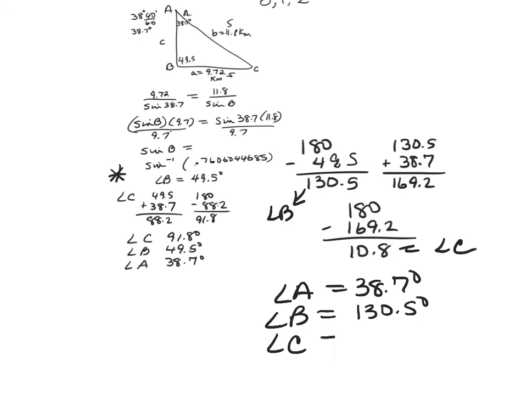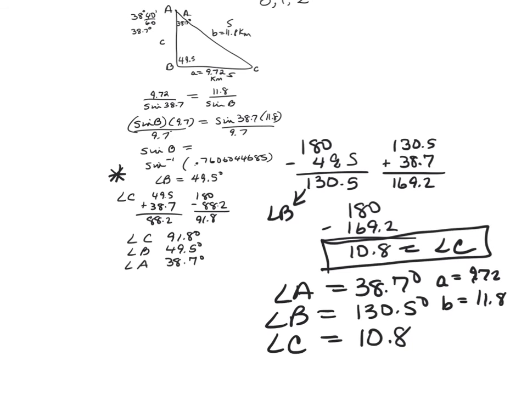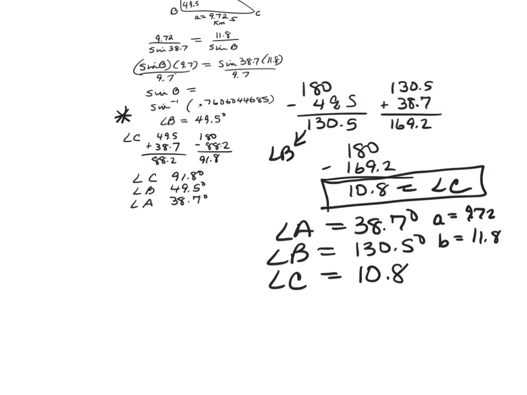Angle C is going to be 10.8. Now, little a was given to me, and that's 9.72. Little b was 11.8. I now need to recalculate little c given that angle measure.